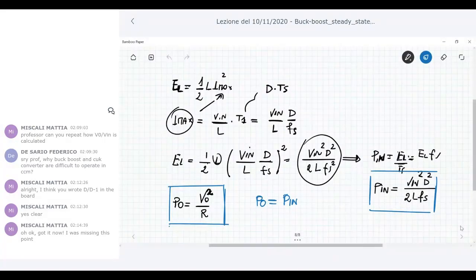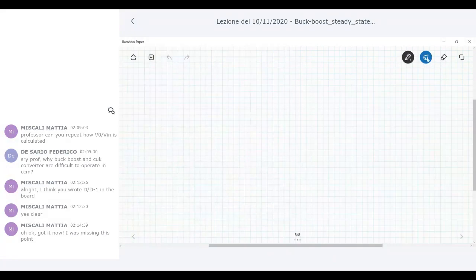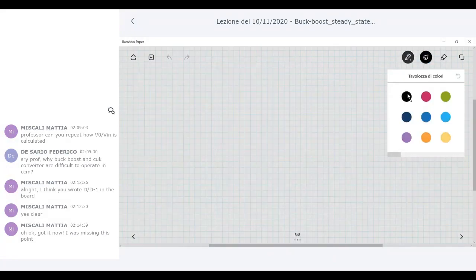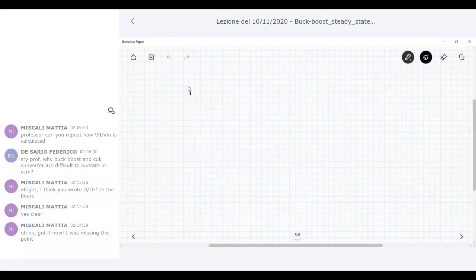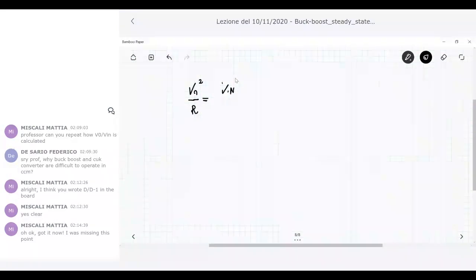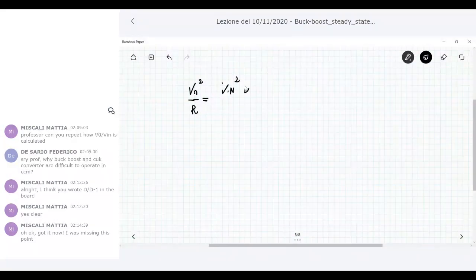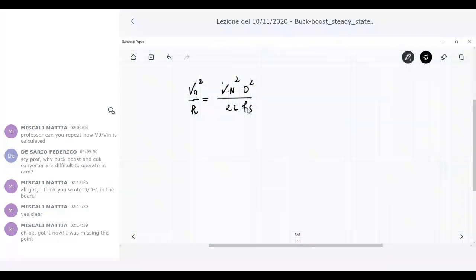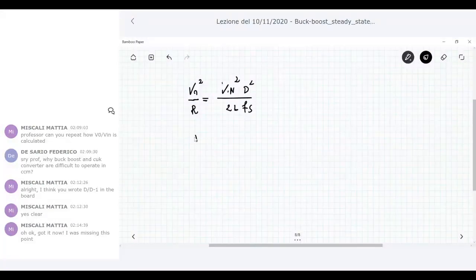Then we can have V naught squared over R, which is equal to Vin squared D squared over 2L Fs, since P in is equal to P naught.